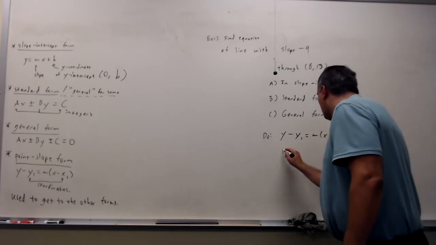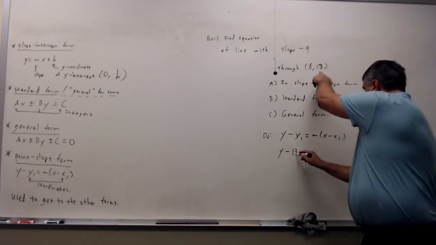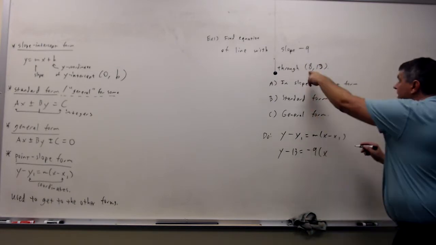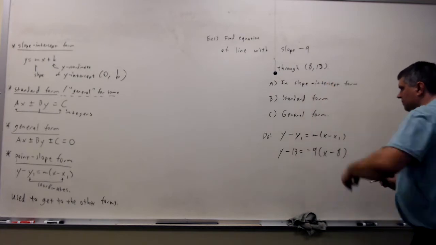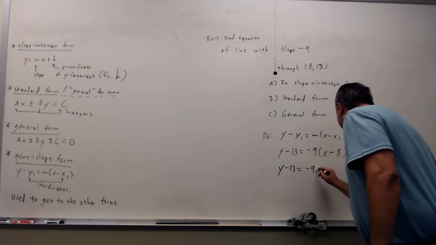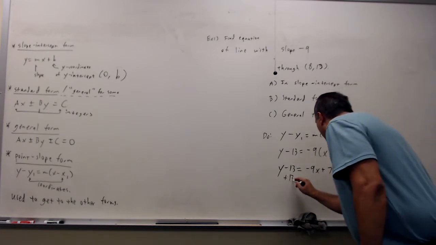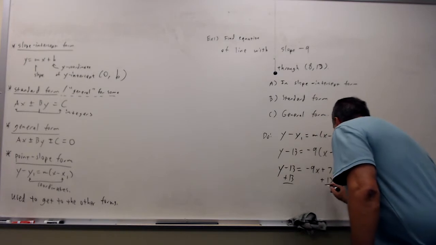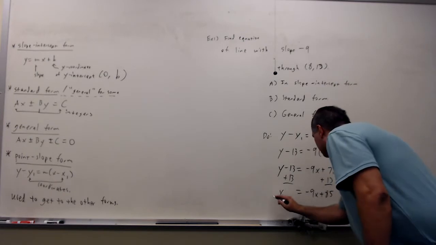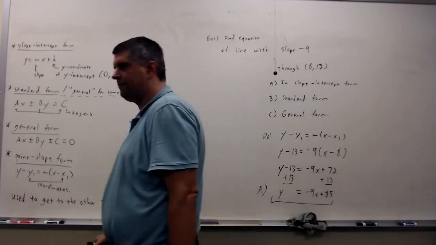So, y minus 13 equals negative 9, x minus 8. So that'd be y minus 13 equals negative 9x plus 72. Add your 13 to get the y by itself. And y equals negative 9x plus 85. So that's the answer to A.